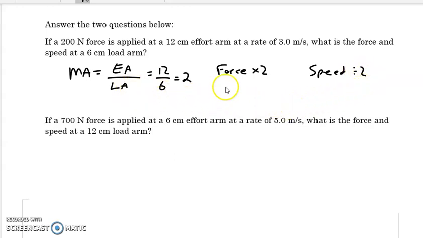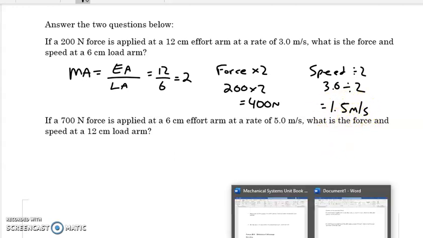So if we had applied 200 newtons of force, we actually wind up with 400 newtons of force at the load. However, the 3 meters per second divided by 2, it's only going to be moving at a rate of 1.5 meters per second, right? So we have gained force, but we have lost distance.